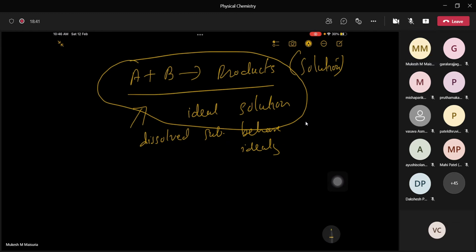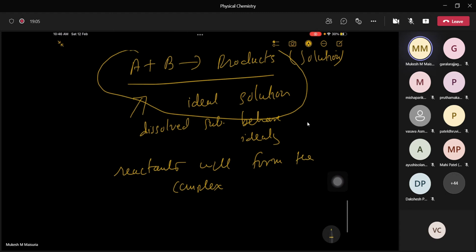Now, we have already discussed the transition state theory as well as the collision theory, that the reactants will form a complex.